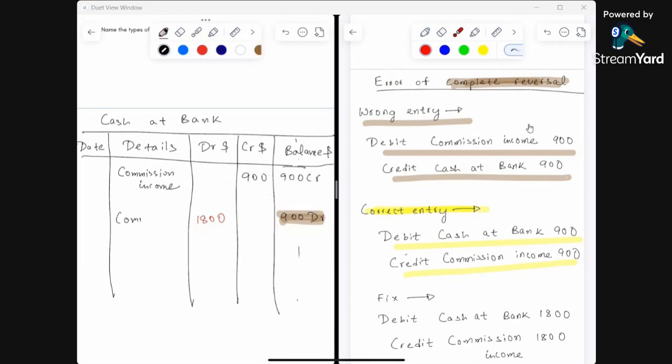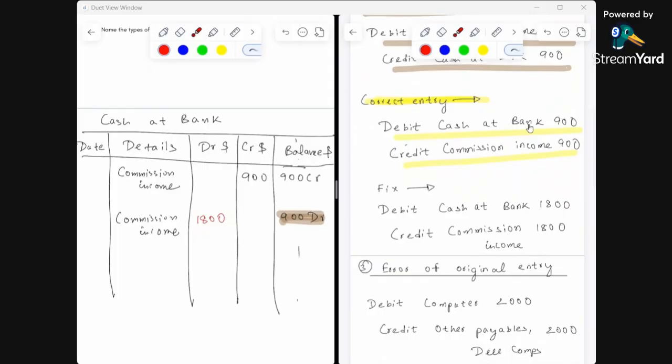In the details column, it's definitely the commission income. So to fix this, the cash at bank account has to be debited by $1,800, so that eventually we arrive at a net balance of 900 debit.